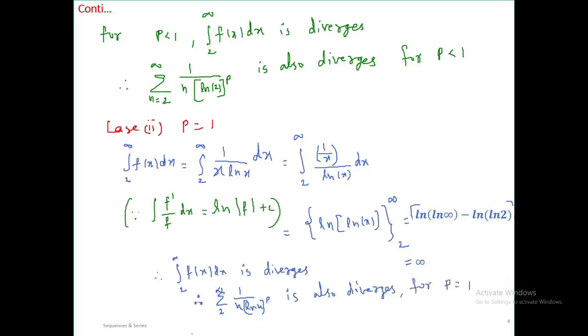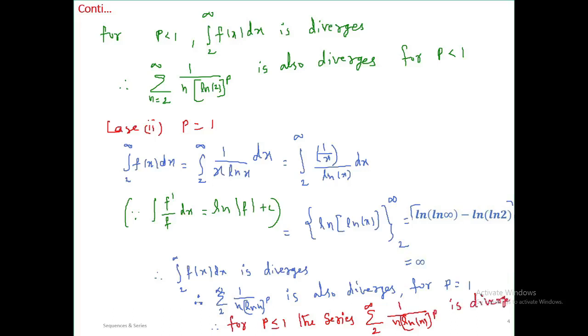So the final comment is: for p less than or equal to 1, the series from 2 to infinity of 1 upon n into ln n whole raised to p diverges. So hence proved.